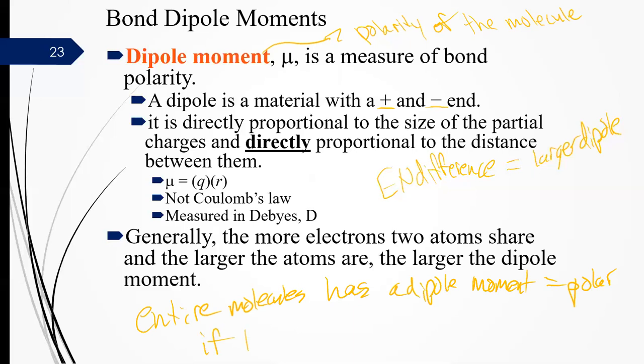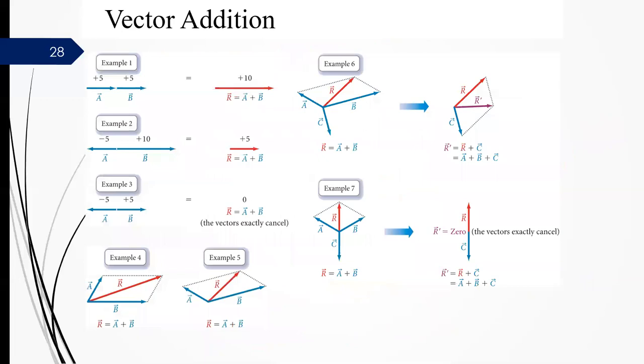If there is no dipole moment, then we can consider it to be nonpolar. So what we're doing with the arrows is we're helping draw out those bond dipole moments to give us an idea about whether or not the polarities are balanced or not.